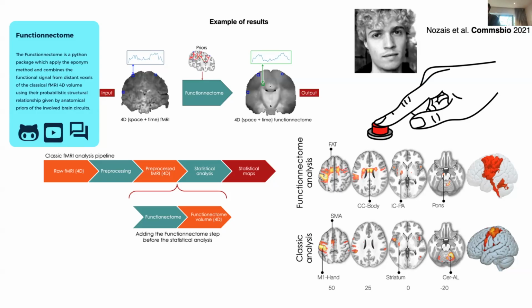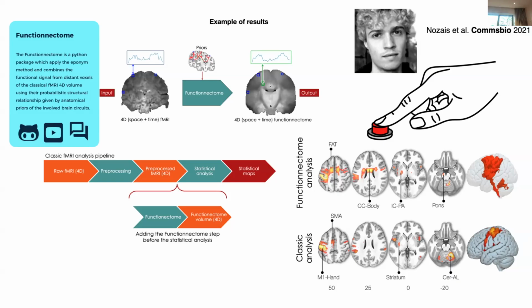And by doing so, minimizing the effect of blurring, but also putting anatomical constraints and testing really whether the co-activation, the co-variation of the bold signal in the brain is better to model the activation phenomenon in the brain, okay? And that's what the Functionnectome is about.